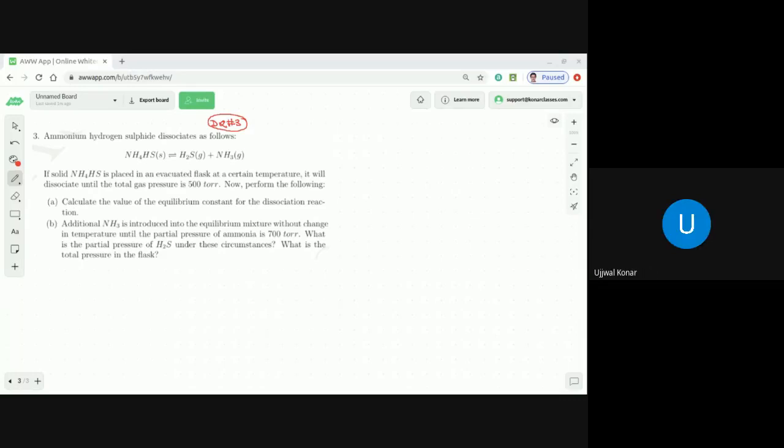So look into the first question. You need to find the value of Kp, right? I got 62,500 torr squared. Correct. So what is it in atm? It is always better to give the answer in atm.